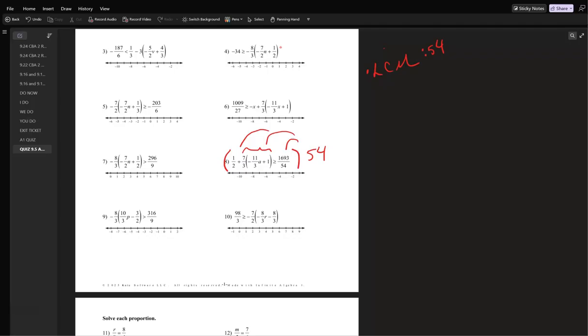So let's go and move forward. Half of 54 is 27. Here, if I take 54 and divide by 3, just like I did 54 divided by 2 to get 27, I'm going to go ahead and get 18.